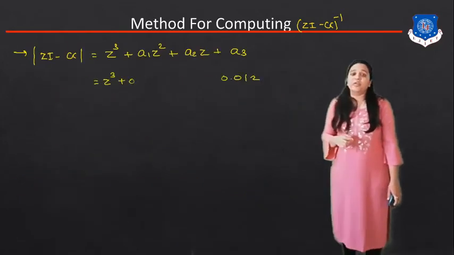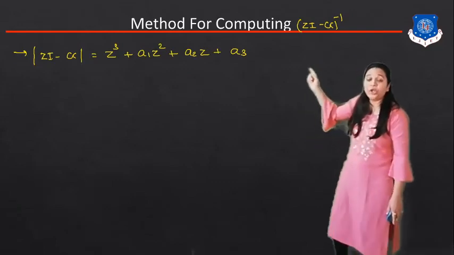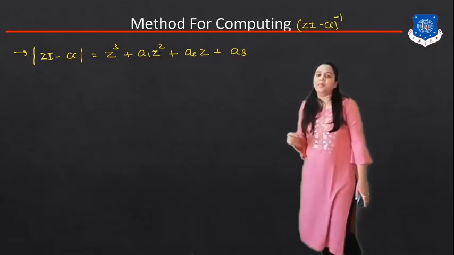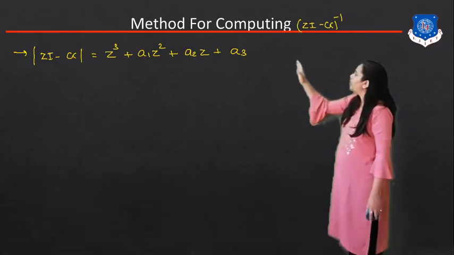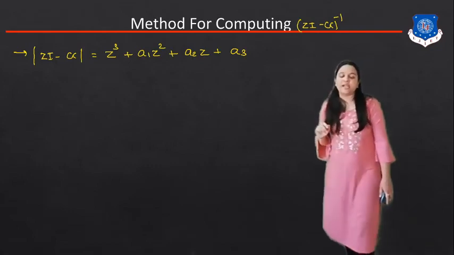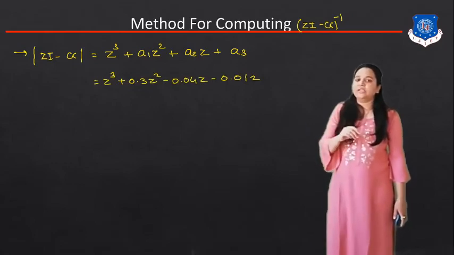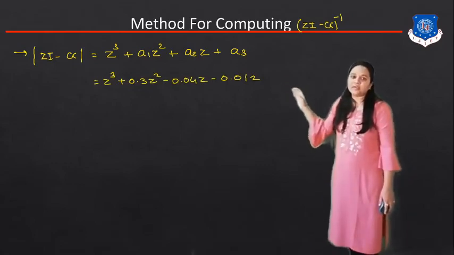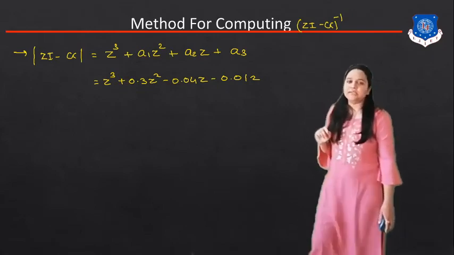So same, we have to start with the last term a3 into Z raised to 0 plus a2 Z raised to 1 plus a1 Z square plus Z cube. Okay, so the equation will become Z cube plus a1 Z square plus a2 Z plus a3. Okay, so put the value of a1, a2, a3 in this equation. We can get Z cube plus 0.3 Z square minus 0.04 Z minus 0.012.